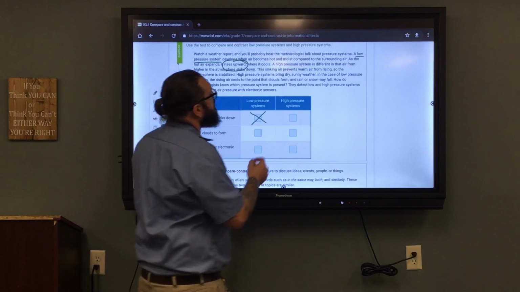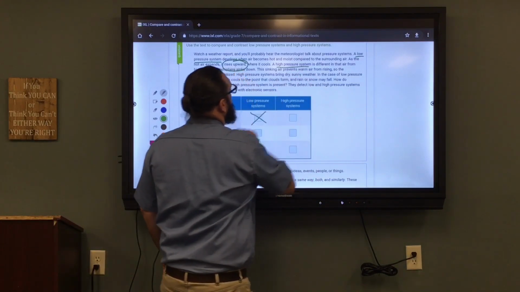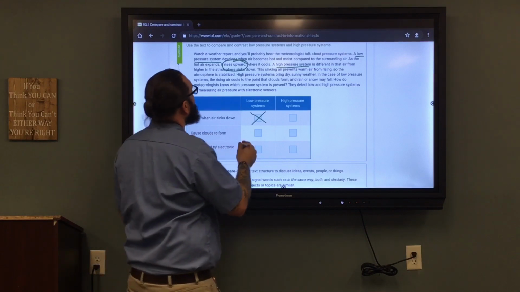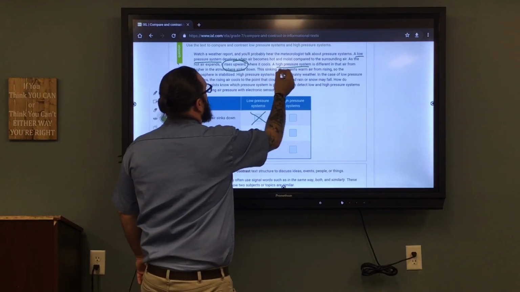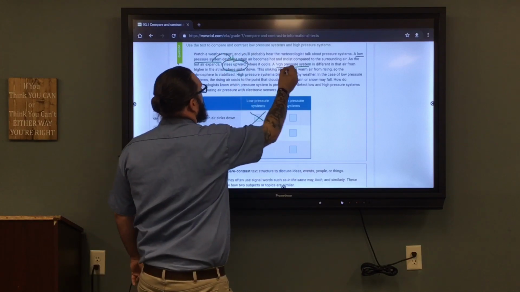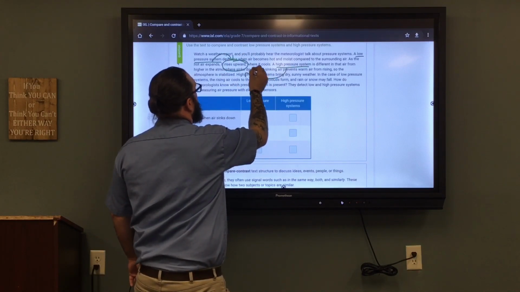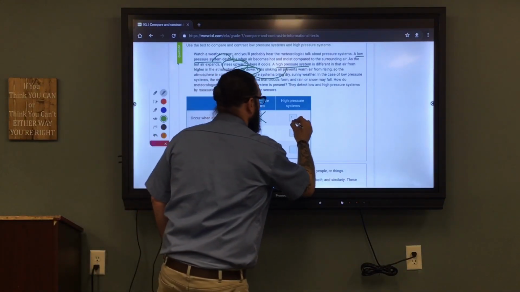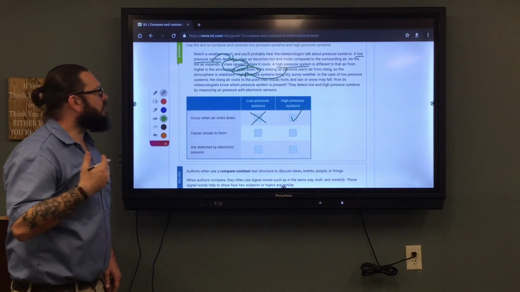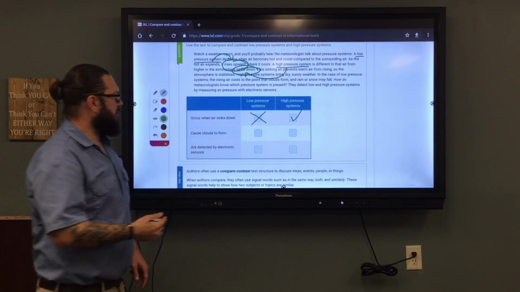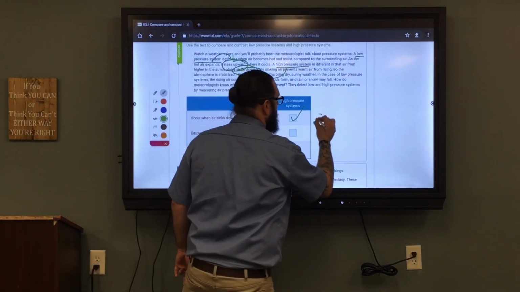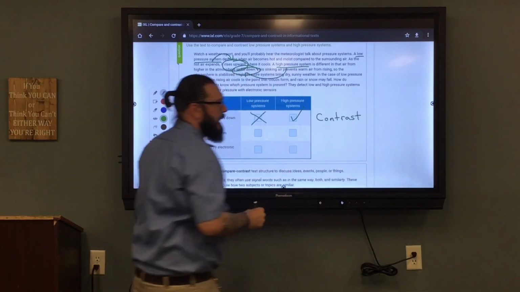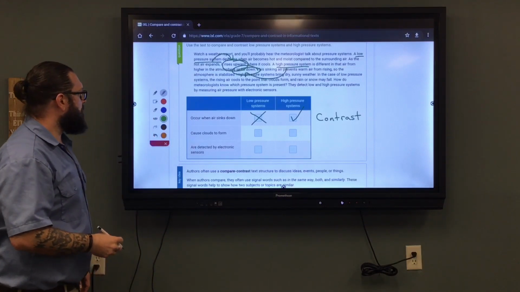A high pressure system is different in that air from higher in the atmosphere sinks down. Okay, so with a high pressure system, we are told that the air sinks down. So that detail applies only to high pressure systems. In this case, the author is making a contrast, describing how they are different.